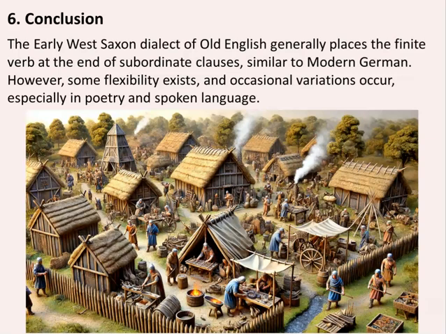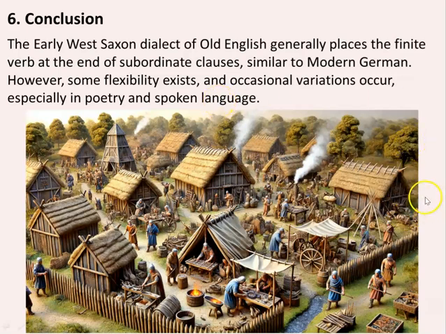Similar to modern German, however, some flexibility exists and occasional variations occur, especially in poetry and spoken language. So don't always feel you have to put the verbs, conjugated or otherwise, at the end of your subordinate clauses. It doesn't have to be that way. Other possibilities are okay too. They're fine, both in poetry and in spoken language.